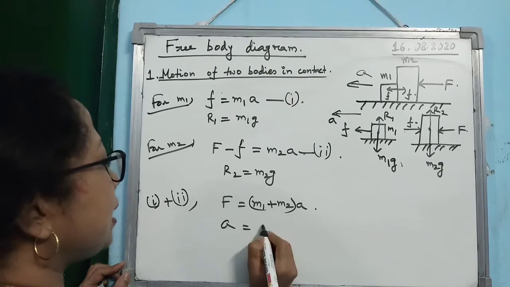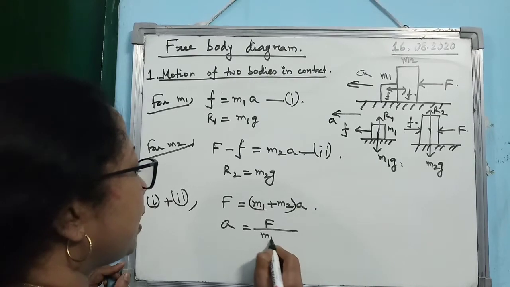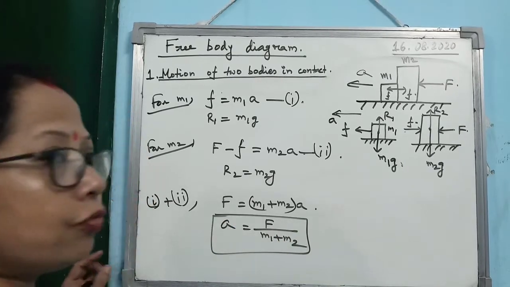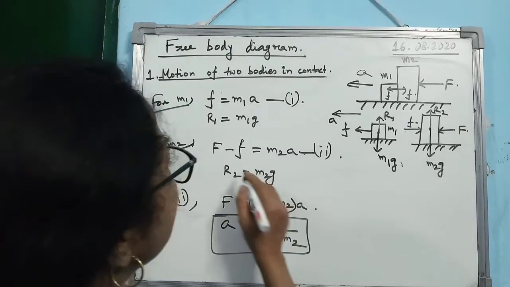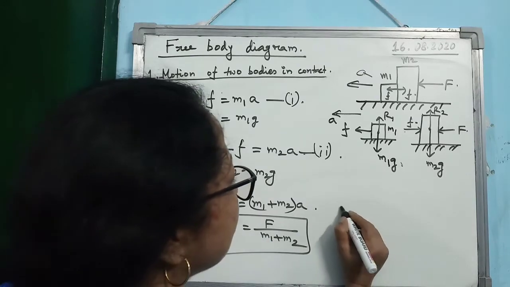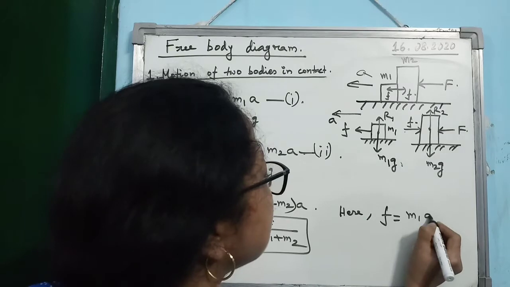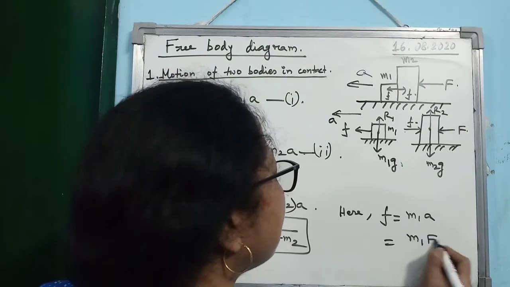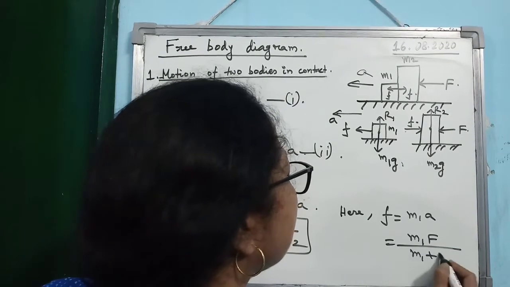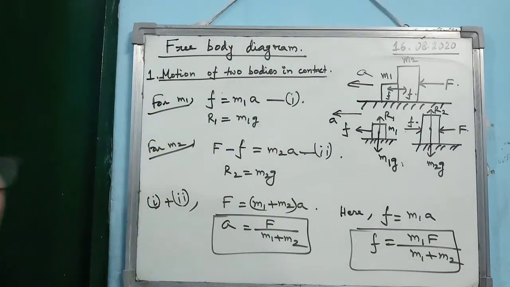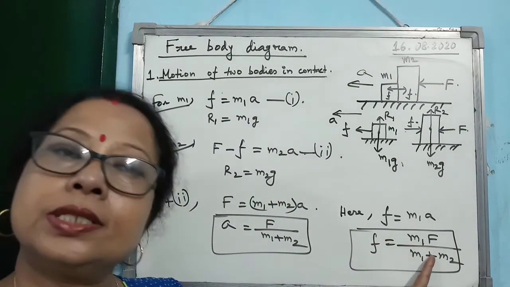So you are getting A is equal to F by M1 plus M2, the same as the previous case when force is applied on M1. Now what is f here? f is equal to M1 into A. So you are getting M1F divided by M1 plus M2. Is that clear? So only the expression for contact force is changing.